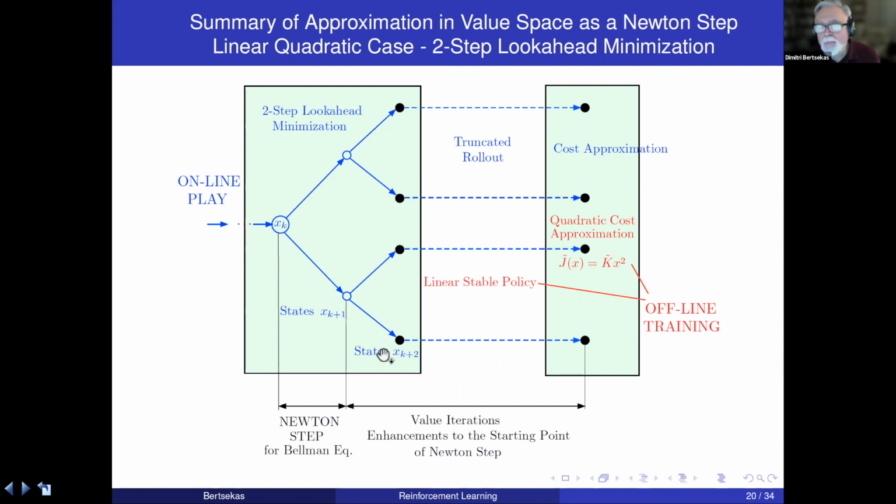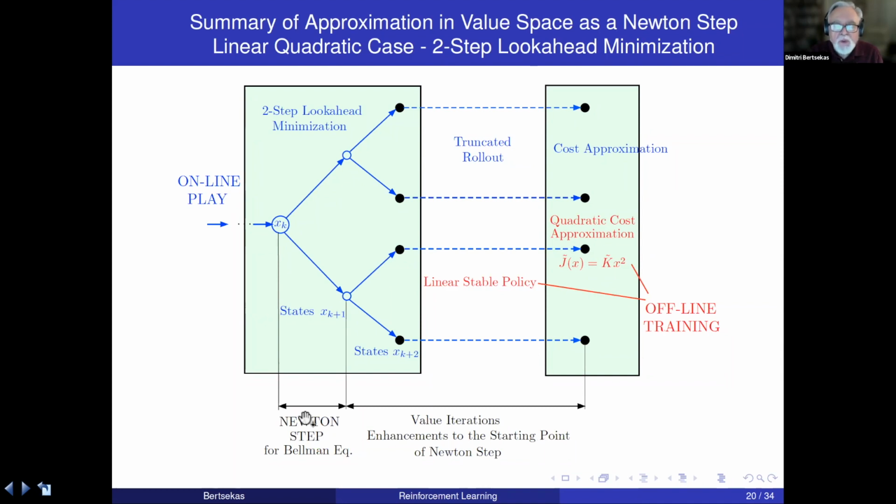The online play algorithm is the one in blue here, and it uses the results of offline training at two steps: to obtain the terminal cost function approximation, which is quadratic in this linear quadratic case, and to obtain a policy to roll out in the middle, assuming there is truncated rollout in the scheme.